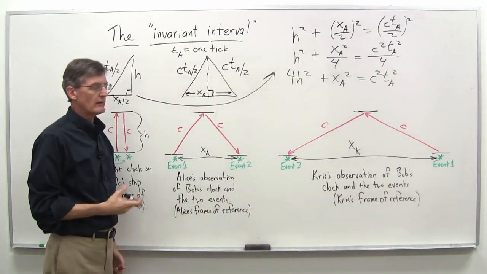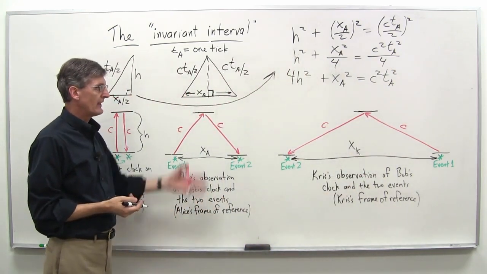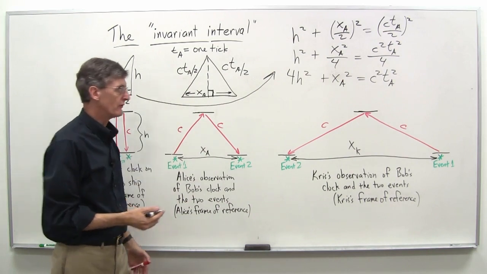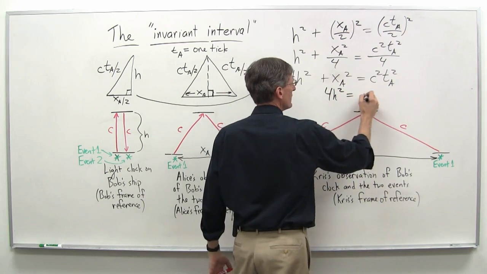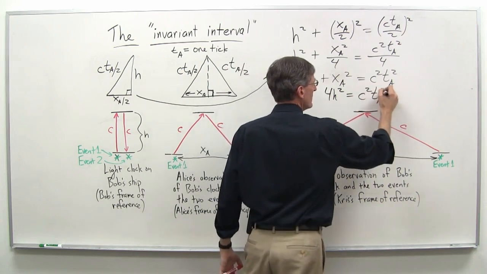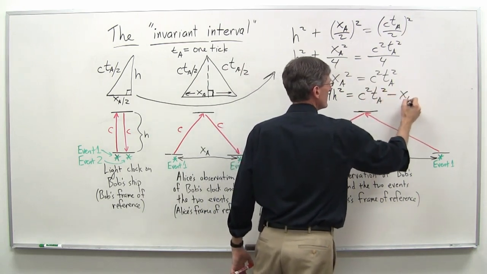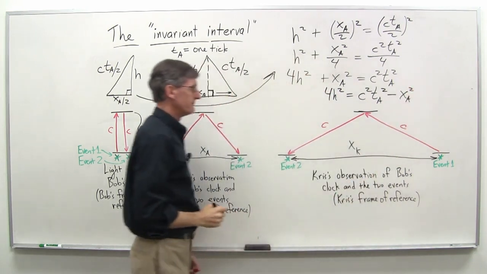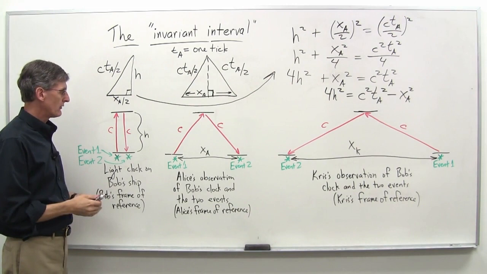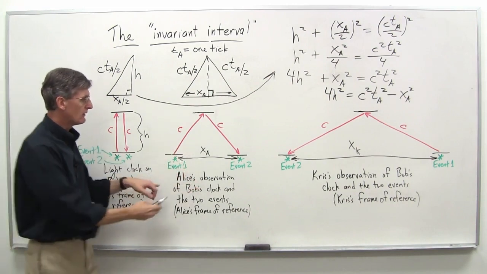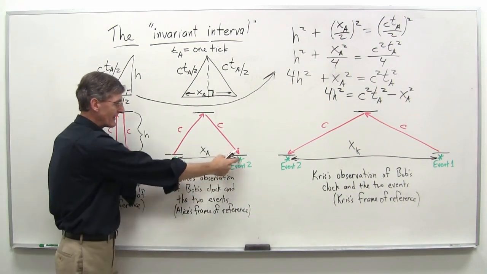Okay? And I'm going to do one more thing here. I want to get the xa and the ta on one side. So we're going to write this as 4h squared equals c squared ta squared minus xa squared. Okay? So that's my analysis. We started with Alice here. We just said, okay, we'll define the distance to two events as xa.